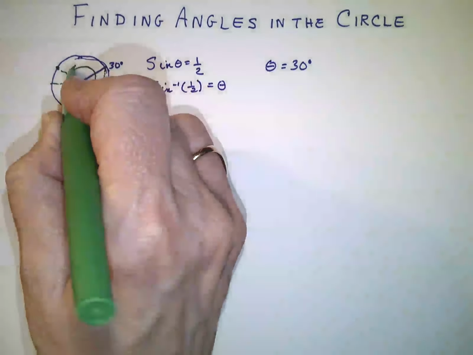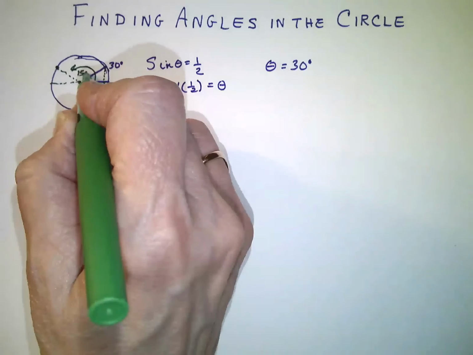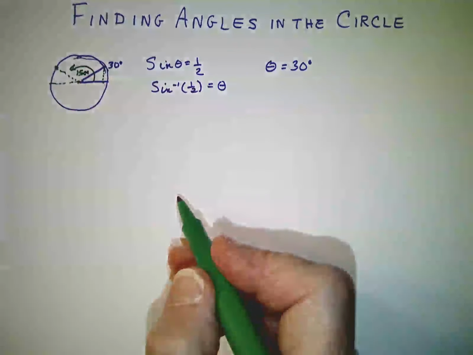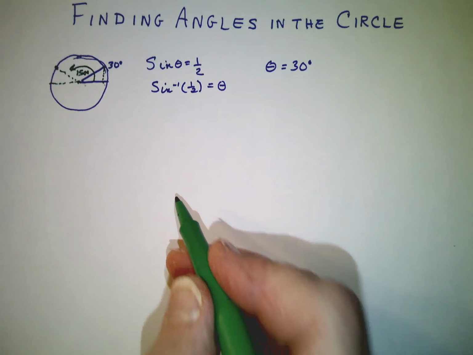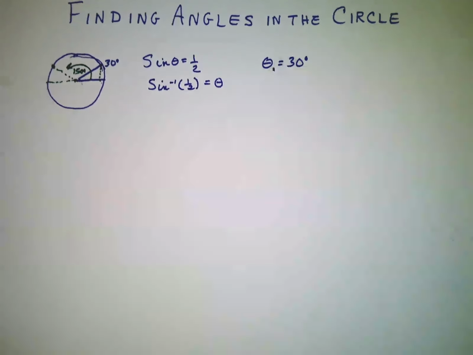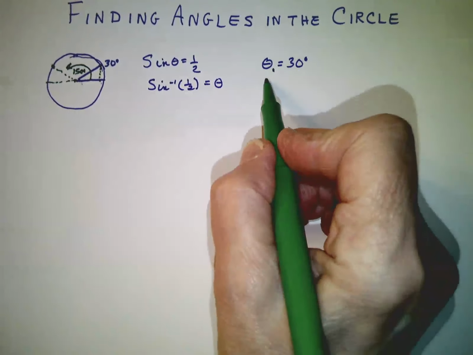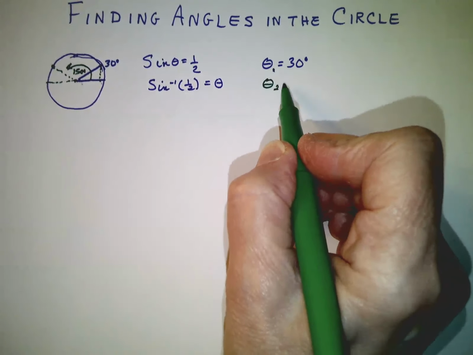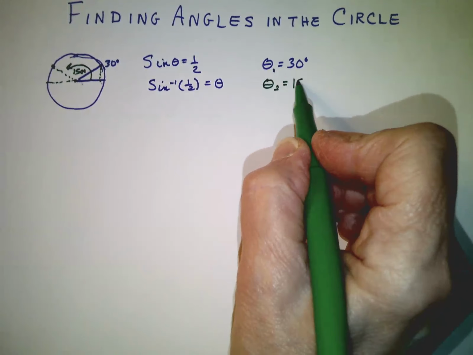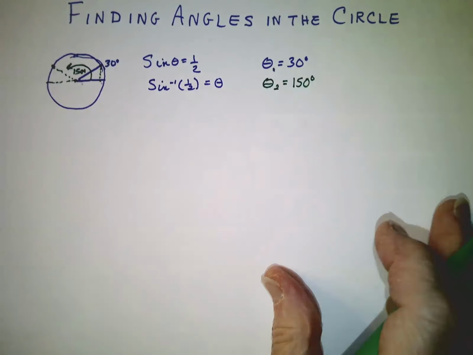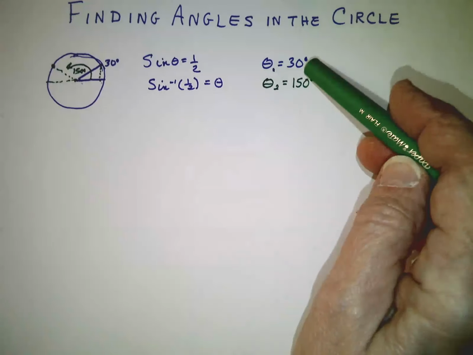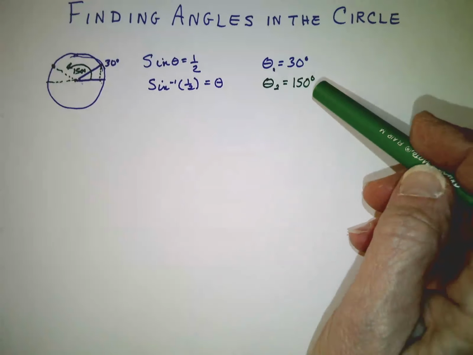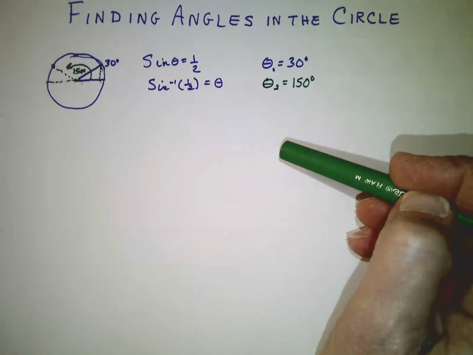We have a 150-degree angle, and its sine value is also 1/2. So the first angle out of the calculator was 30 degrees. We also have a second angle of 150 degrees. And if you take the sine of 30, you get 1/2. If you take the sine of 150 degrees, you get 1/2.